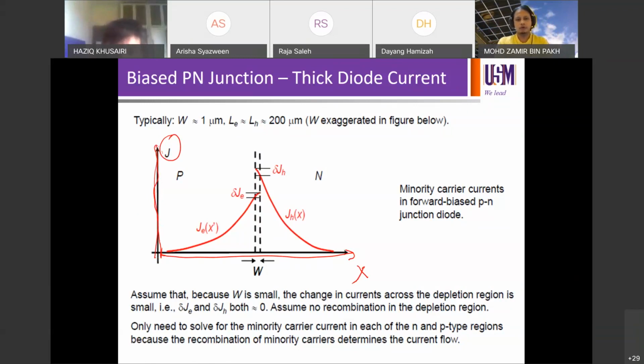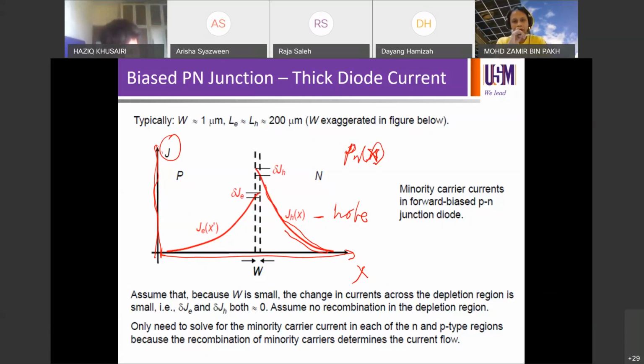So you're going to have JH on the N side, the minority carrier hole diffusion current density into the N side, just like the pn(x) just now, but this one is a current profile instead of the carrier profile, because they are proportional, by the way.